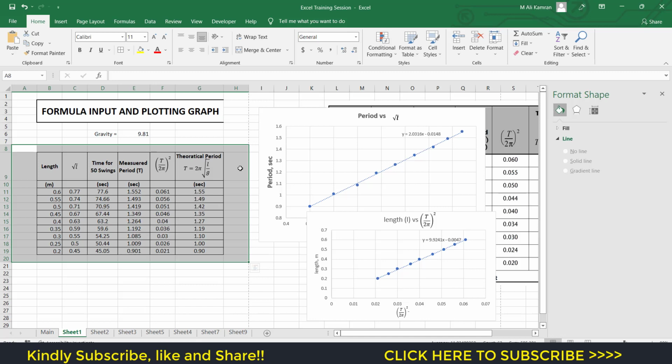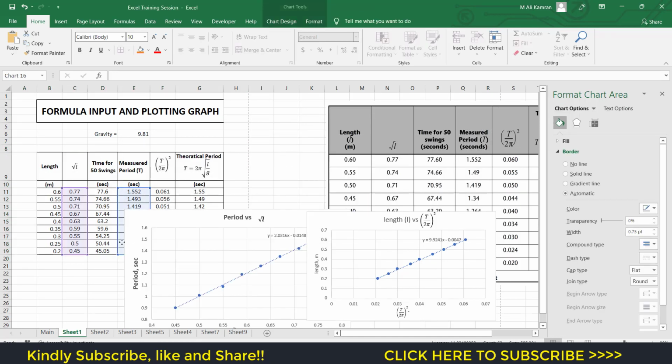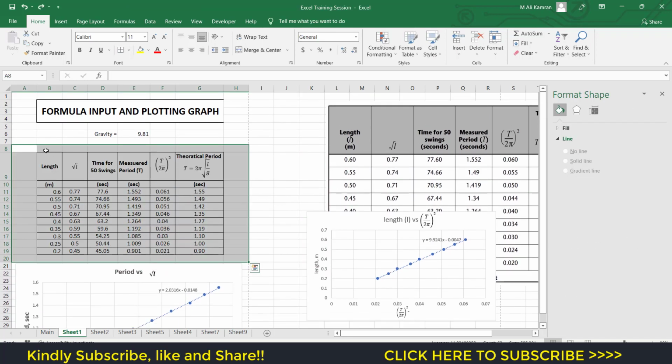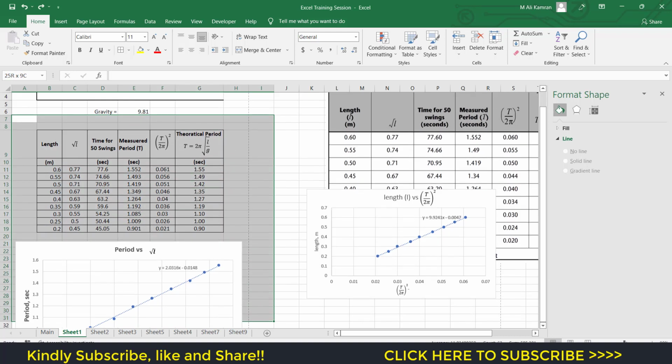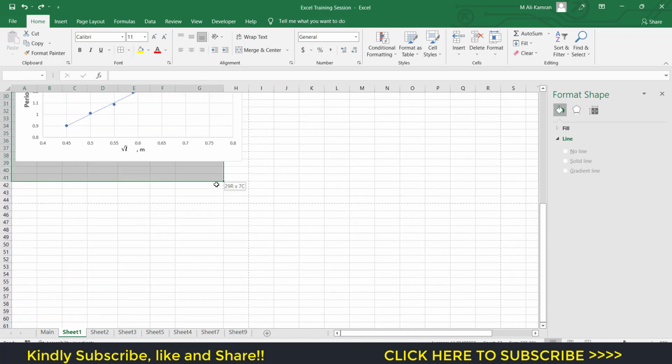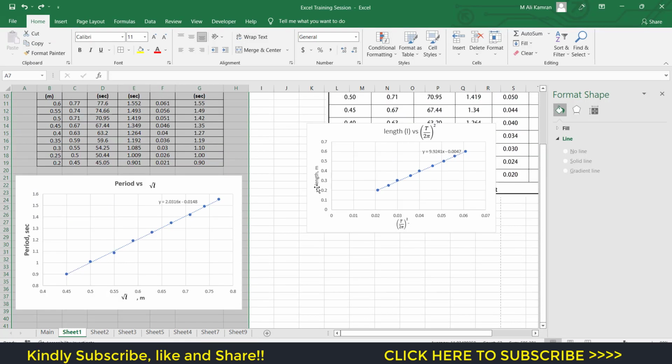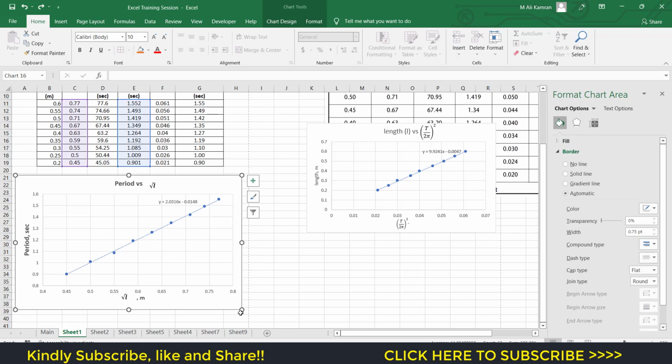And similarly, if you want to have this graph on one single page, I will select all these cells until this point, and again Control P. So now we have that table along with the graph, that is the period versus square root L. Now if you want to have both the graphs on a single sheet, make it small.